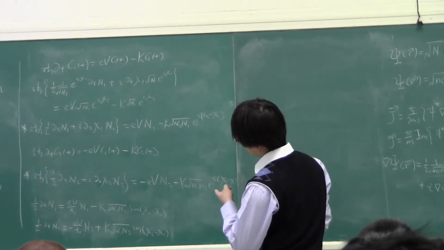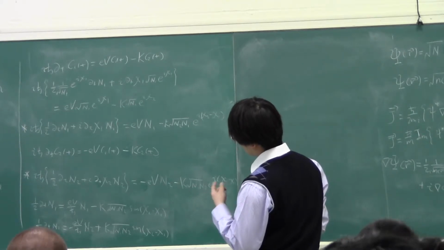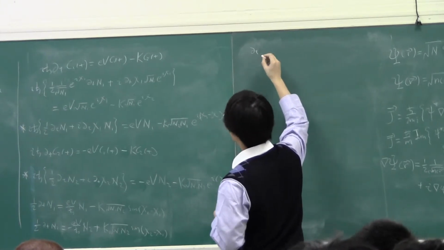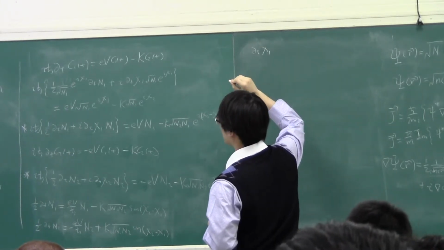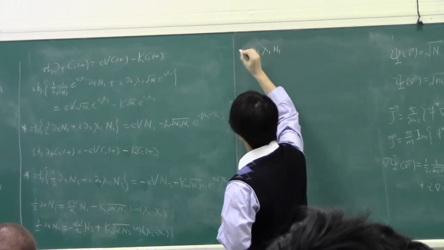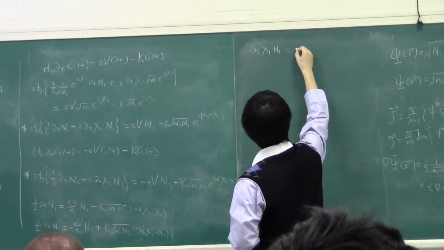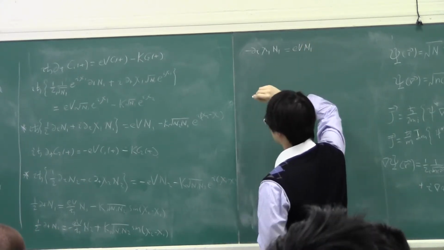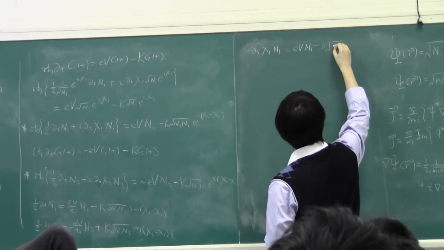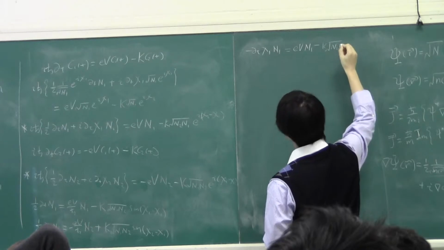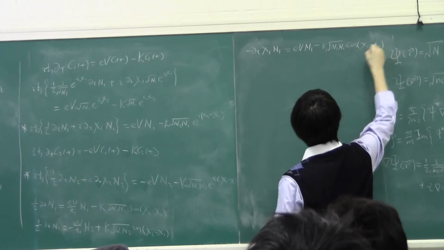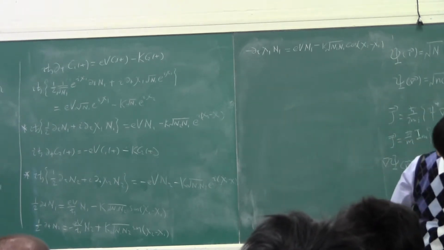So if I take the real part, I will get dt phi1 times n1. There should be, let me see if I got this right this time.